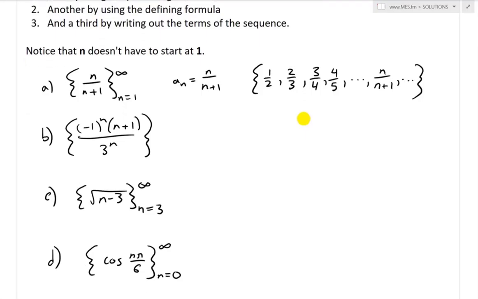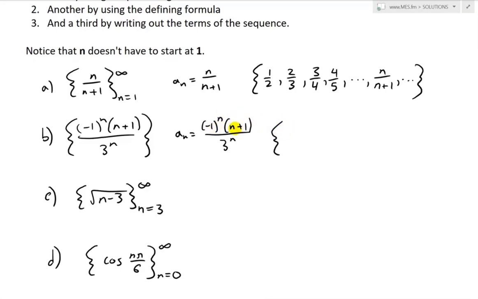And now for B, the same thing. The an is going to be the inside of the bracket: negative 1 to the n, times n plus 1, over 3 to the n. We're going to start again with n equals 1. If it's not there, we just assume we're defining from n equals 1, from the first term. So when n is 1, negative 1 to the power of 1 is negative 1, since it's an odd number.